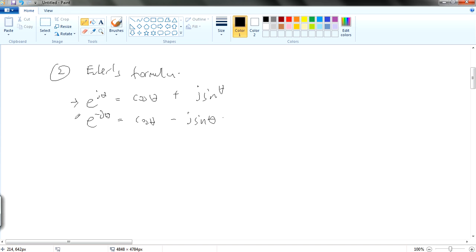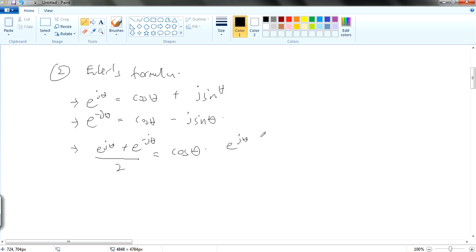To write them in terms of cosine and sine, e^(j theta) plus e^(-j theta): I add them up, so I have cosine theta plus cosine theta equals 2 cosine theta, and j sine theta minus j sine theta equals 0. So therefore 2 cosine theta I just bring down.